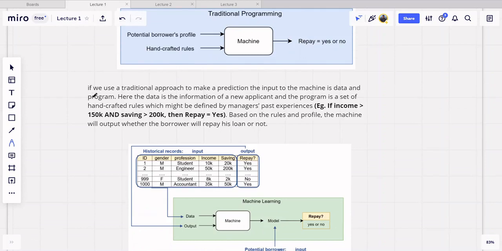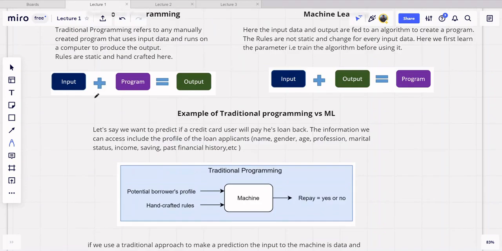In this situation, it becomes very difficult or even impossible to create a program like this. So how do you write a program that will make use of these 1,000 data points about each user and use that data to predict an outcome? That is where machine learning comes in.